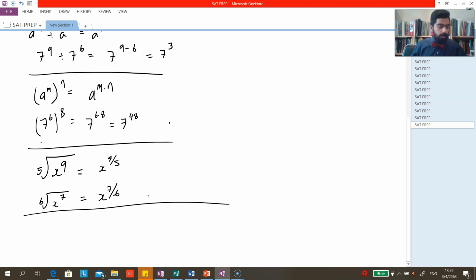Now also, let's recap a little bit about exponents. If I have 5 to the power of 3, this is the same as multiplying 5 three times. So it is the same as 5 times 5 times 5, which is equal to 125. If I have n to the power of 4, this is the same as n times n times n times n.